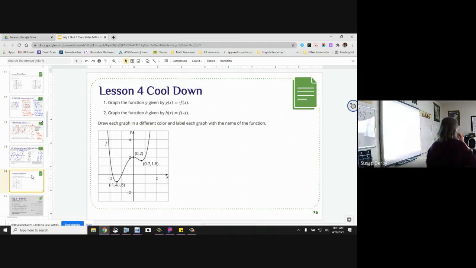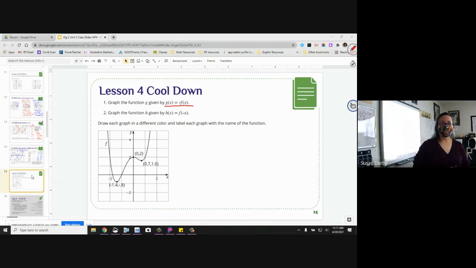I see actually a student who's making a table of values that might be helpful as well. If you're looking at some independent points. But we need to graph our function g(x) and then label them with those different colors. So I'm going to try doing one of them in red, the first one.